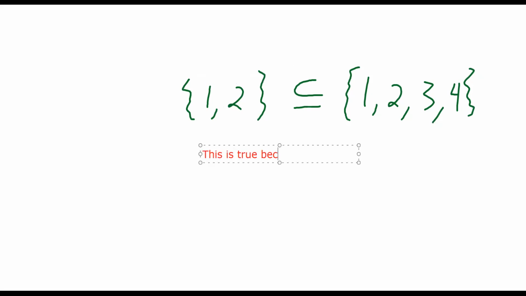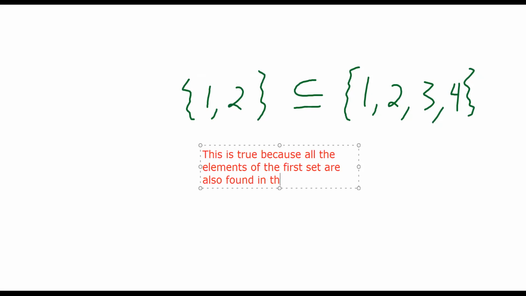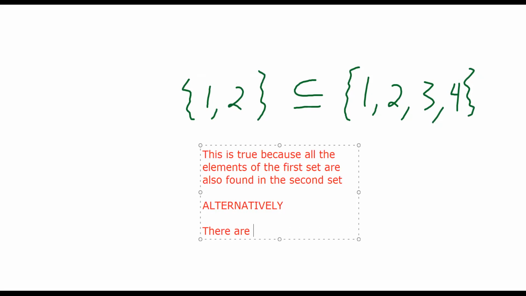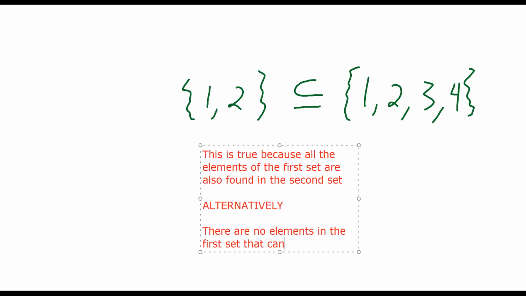This is true because all the elements of the first set are also found in the second set. Fair enough. Alternatively, another way of saying that, there are no elements in the first set that can't also be found in the second set.